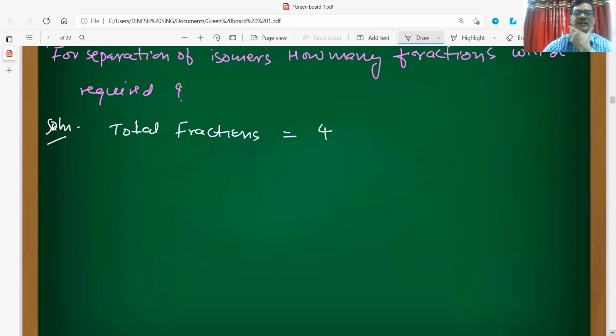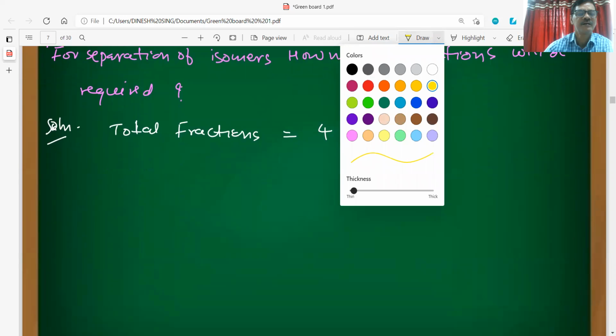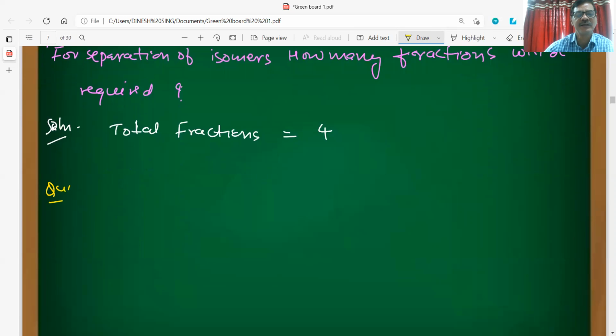Again we can see another question. Okay, this is another question. We have this compound.